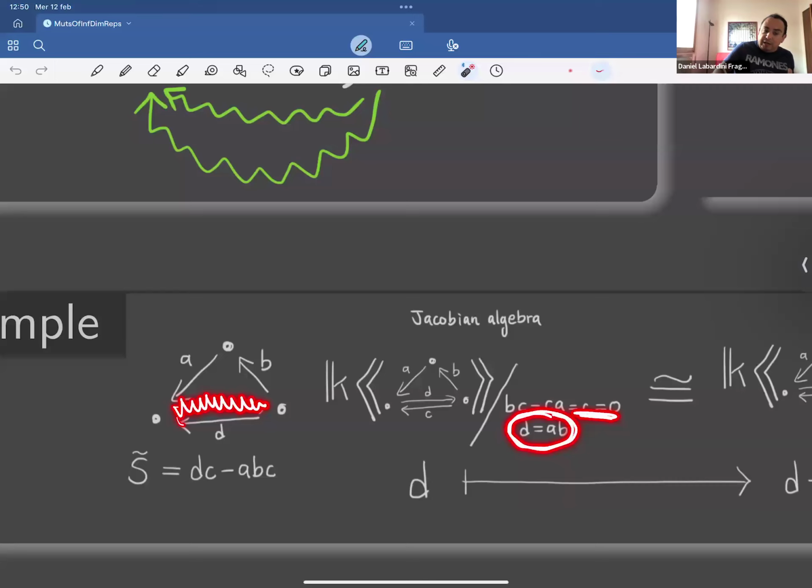However, at the level of representations, if one wants to give a representation of this quiver where this equality D equal to AB holds, one only has to give the linear map corresponding to A and the linear map corresponding to B. And then the linear map corresponding to D is forced.